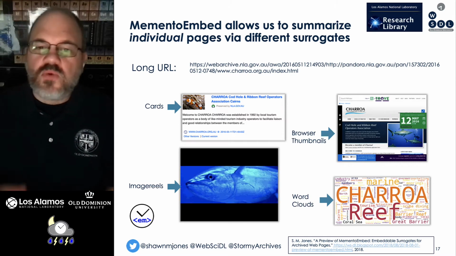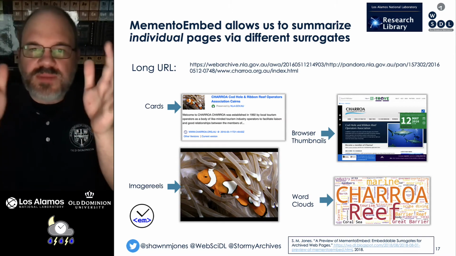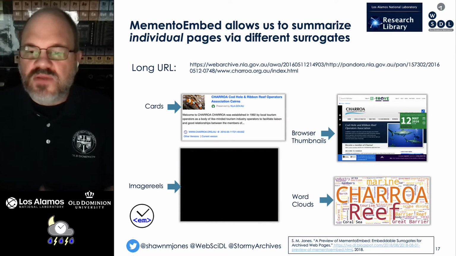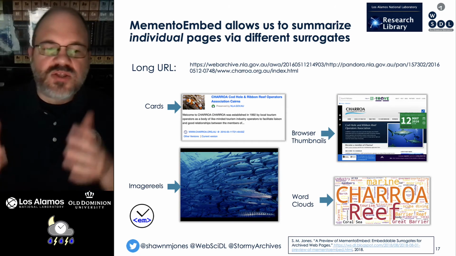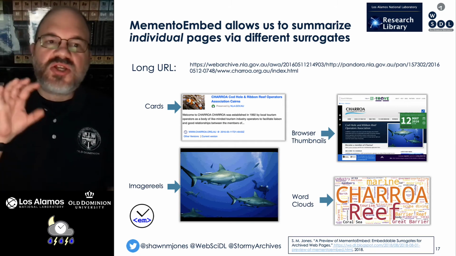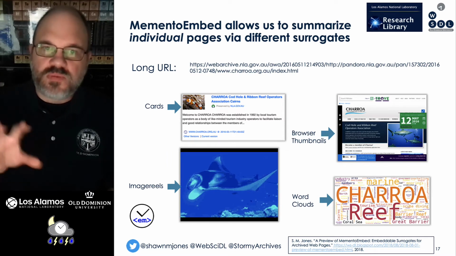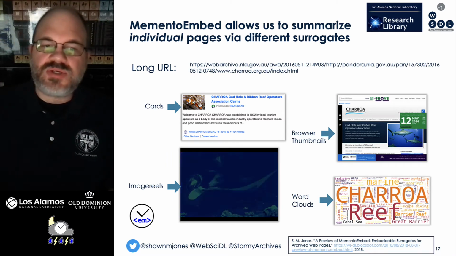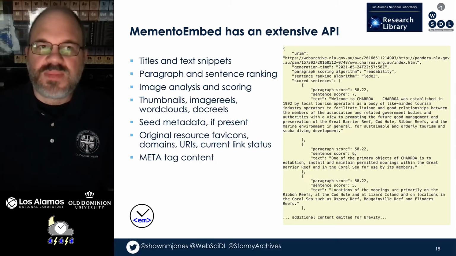In the upper right, we see browser thumbnails, and this particular thumbnail also maps to this same page. On the lower right, we see a word cloud representing the same page. And on the lower left, we see an image reel. Image reels are constructed by Memento Embed from the top 5 images as scored by Memento Embed that come from that page. And then it creates an animated GIF of these images.